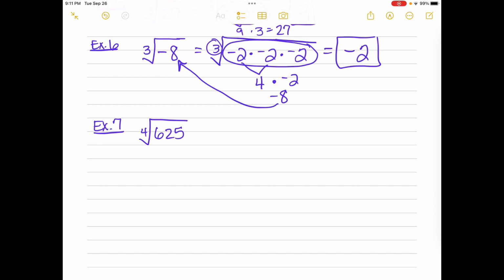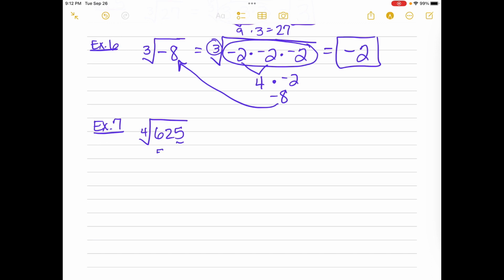I want 4 numbers that, when the same 4 numbers are multiplied together, equal 625. Kids often say they don't know where to start. But there's an easy way to know where to start, and that's by your last number. If that last number is even, you're going to have an even number, maybe 2, 4, 6, 8. But if the number ends in 5, sometimes it might be 5. So we're going to try 5.